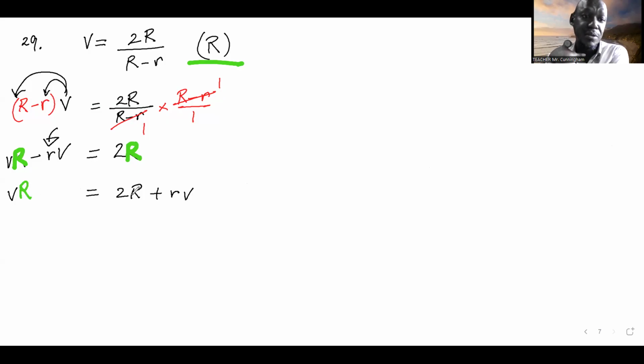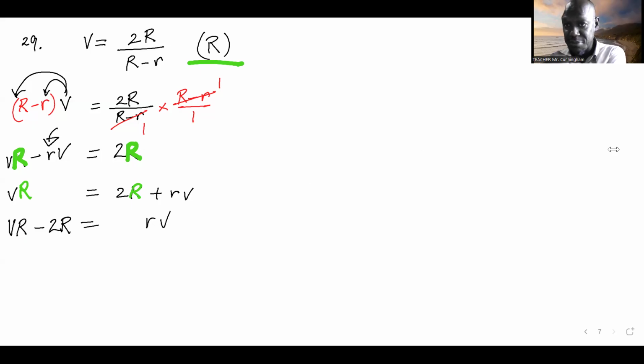So here's my R. What I did, I brought negative RV on the other side. But now I want all the R's together. So what I'm going to do now, I'm going to bring it on this side. VR minus 2R equals RV.